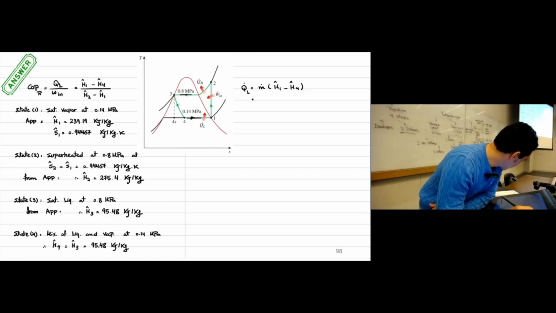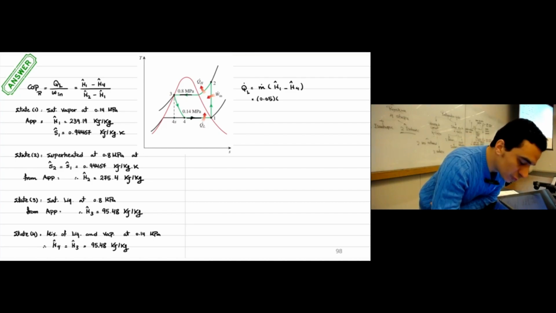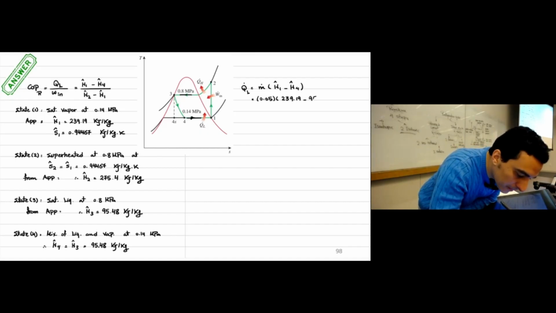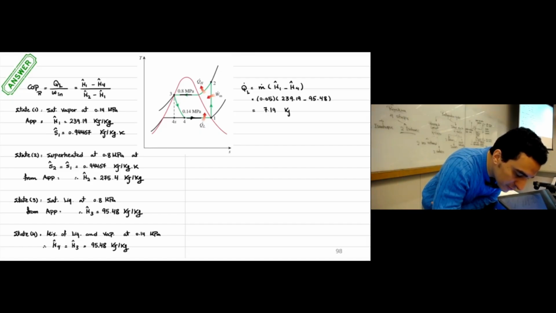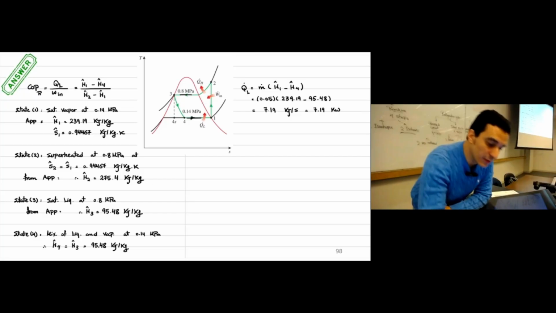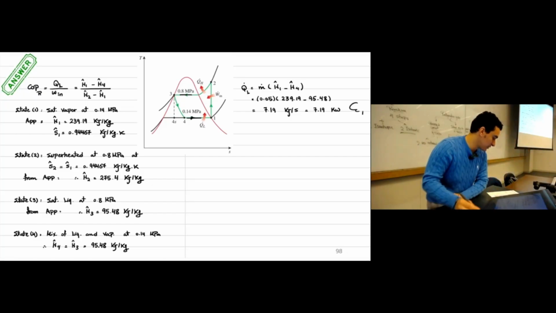So this one will be the mass flow rate given 0.05 times H1, which is 239.19 minus 95.48. Then the rate of heat released, this will be 7.19 kilojoule per second, which is 7.19 kilowatt. And this is the first requirement we have in this example.